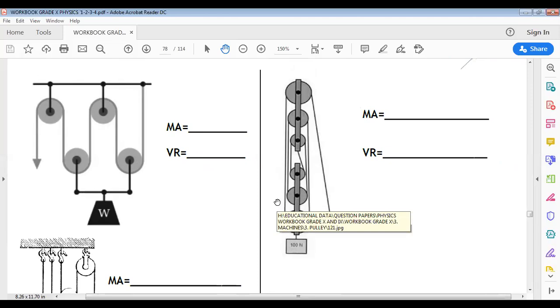But assume there are four pulleys and you have been asked to make the MA and VR as 5. Then you will put the effort in an upward direction. Okay, class. So this is all what we have for the topic of pulleys.